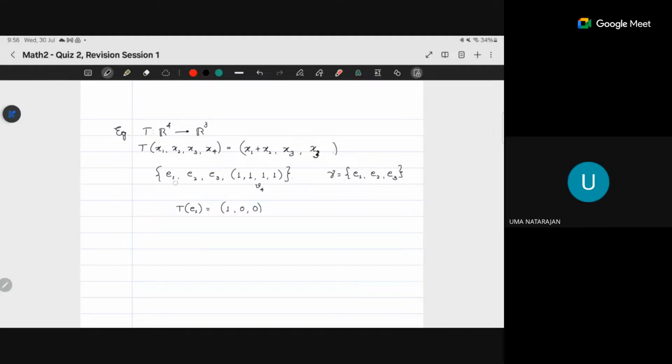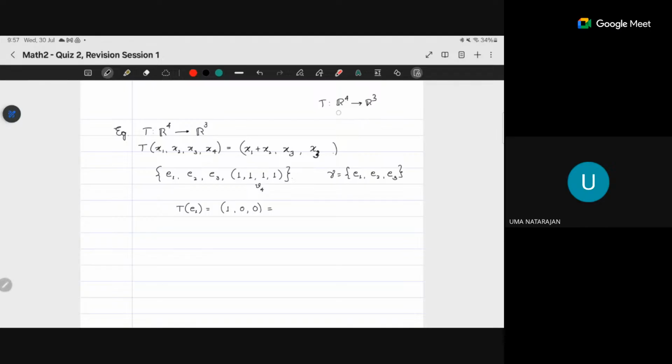Sorry, sir. That R3 you have to make it as R2, right? Otherwise, the null space will again be only 1, right? Because it's R4 to R3, not always. For example, if I have R4 to R3 where every vector goes to 0, the null space is the whole space. So that is the extreme.